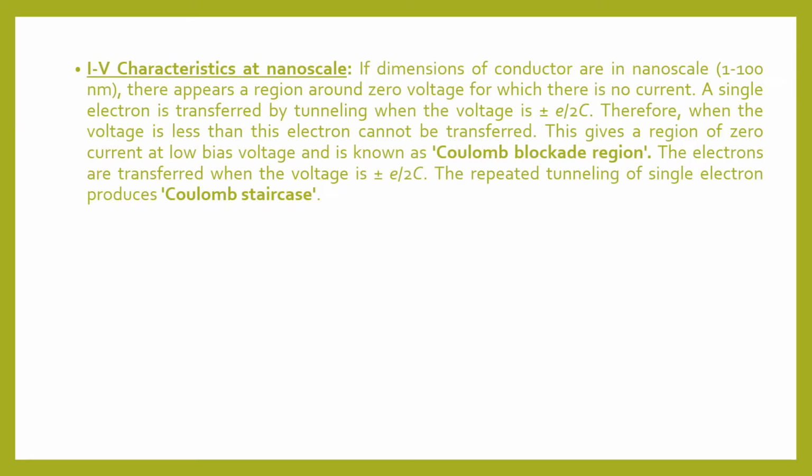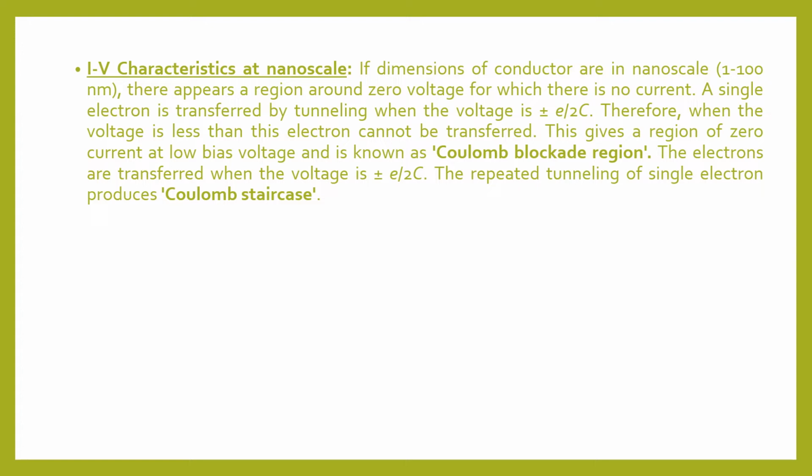The IV characteristics of nanoscales, that is at nanoscale, if the dimensions of the conductor are in nanoscale, there appears a region around the zero voltage for which there is no current.